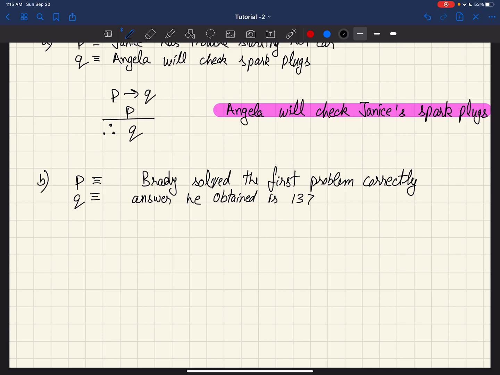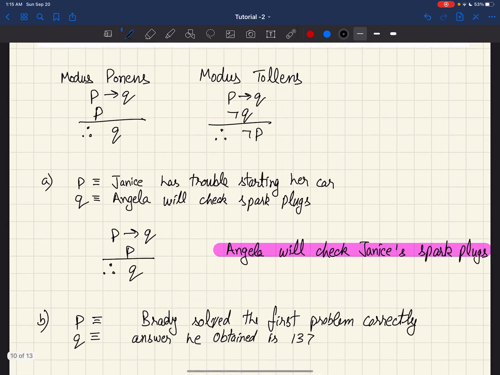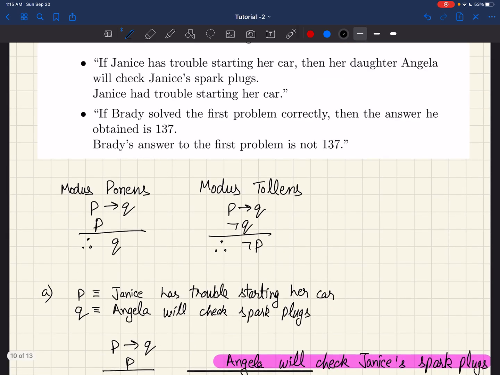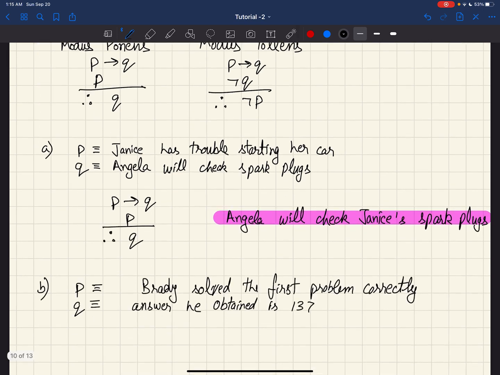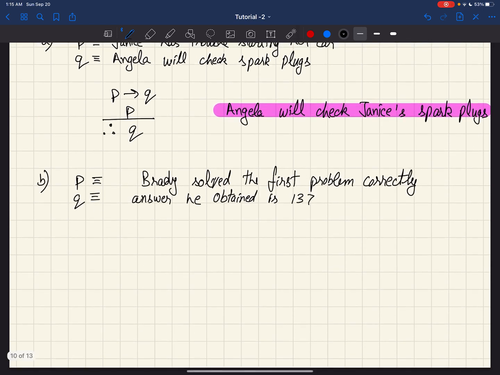So here, the second statement was Brady's answer to the first problem is not 137. So our premise here would be P implies Q. That means if he solved the first problem correctly, the answer would be 137, and not Q, because the answer he obtained was not 137.